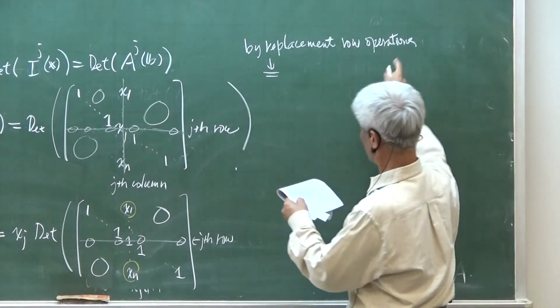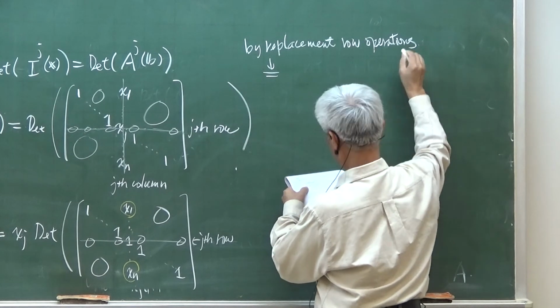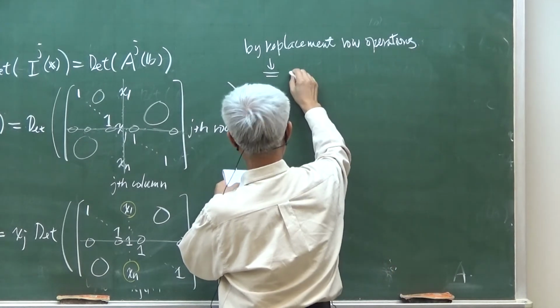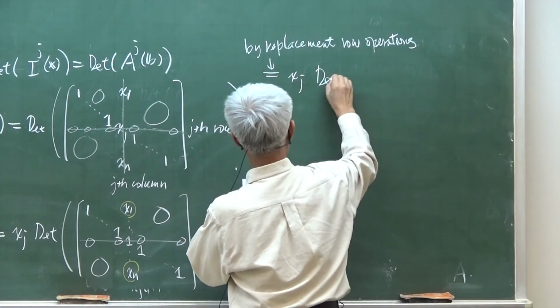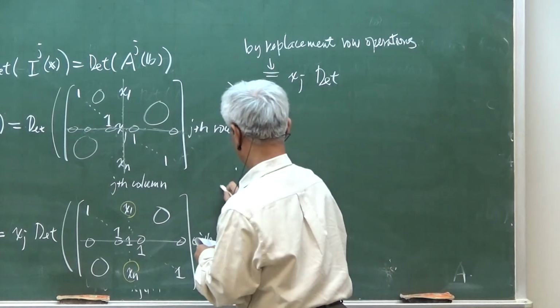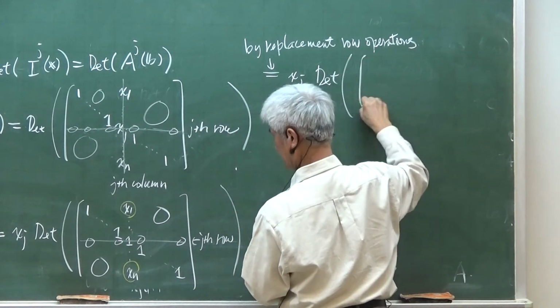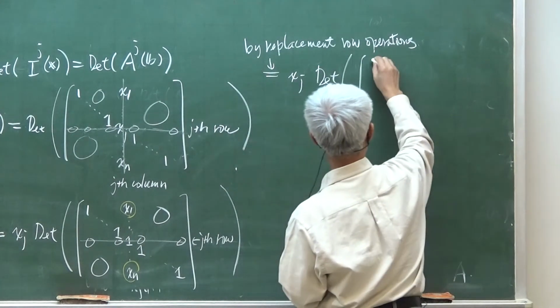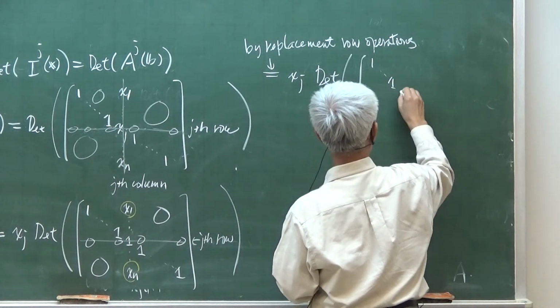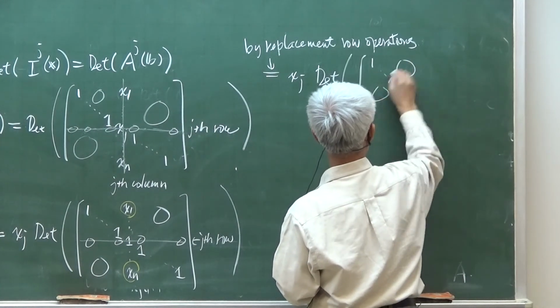So by replacement operations, we have x_j times the determinant of the matrix where you cancel these, leaving 1, 1, 1 and all 0s.